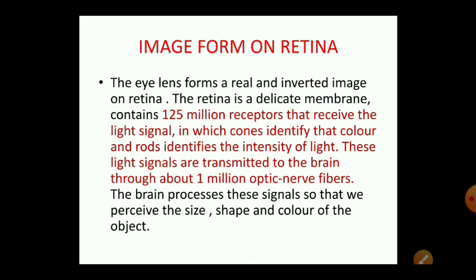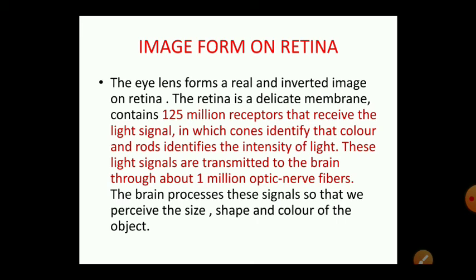Among these 125 million receptors, there are cones and rods. They are named because of their shapes. The cones identify the color and the rods identify the intensity of light.